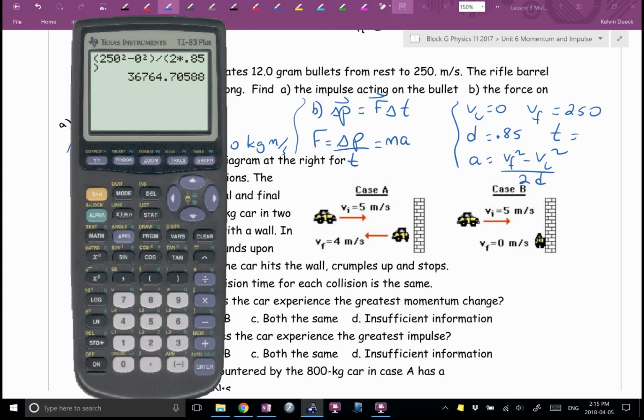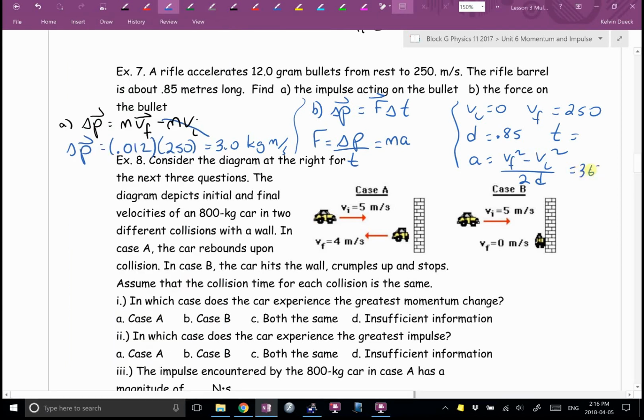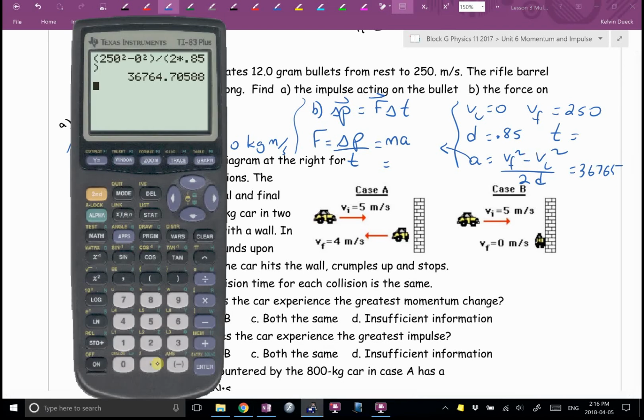I'll write 3676.5, but I'll keep this on my calculator. And we're totally running out of room. But Emily, what was the mass? 12 grams, which was how many kilograms? I'm going to go 0.012 times the answer button.